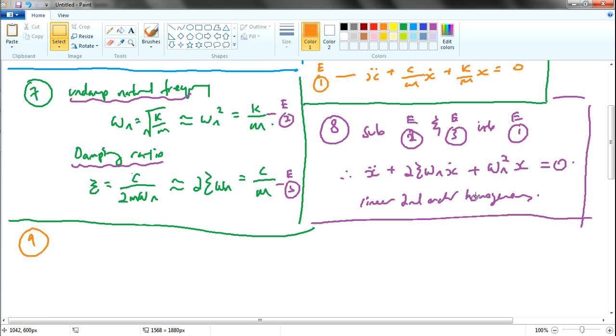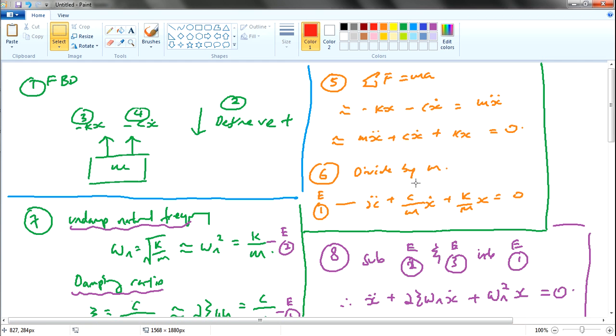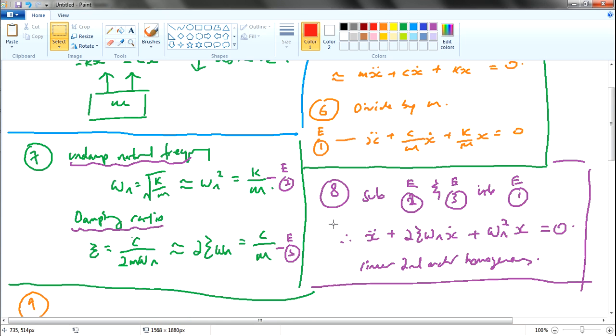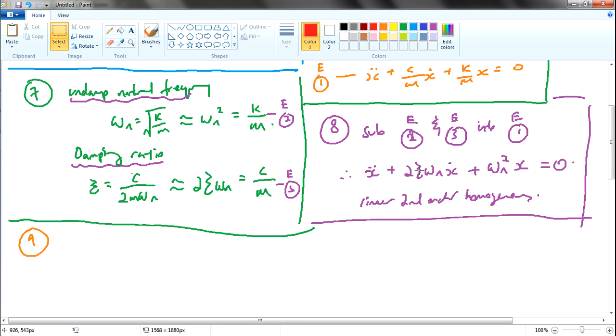Now here comes the very tricky part. We have two variables over here: x and our damping factor. So you can solve for x or you can solve for your damping factor. The explanation may not be strong, but I hope I can make it clear: we are trying to set this equation in terms of a general equation, so that when you sub in your damping factor, you'll get an answer.